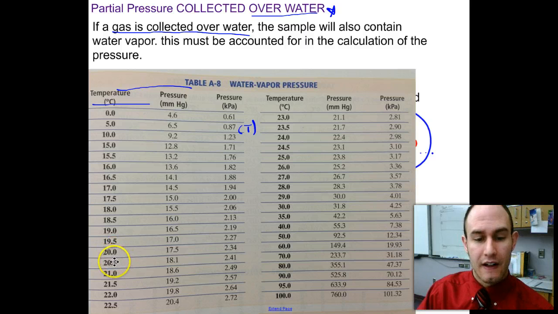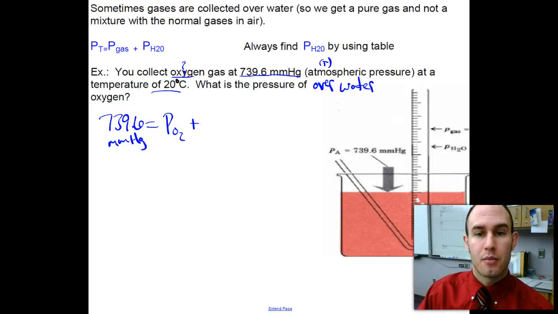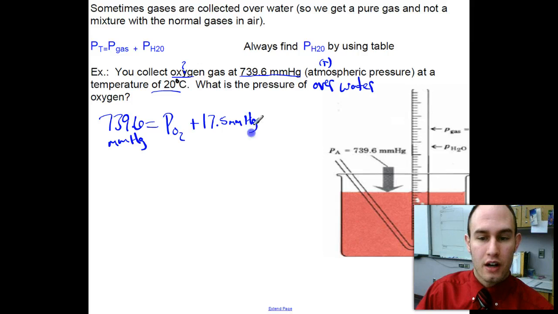It's right here. I'm in millimeters of mercury in the problem, so I want to stay in millimeters of mercury. 20 degrees is 17.5. So 17.5 millimeters of mercury is the pressure of water.